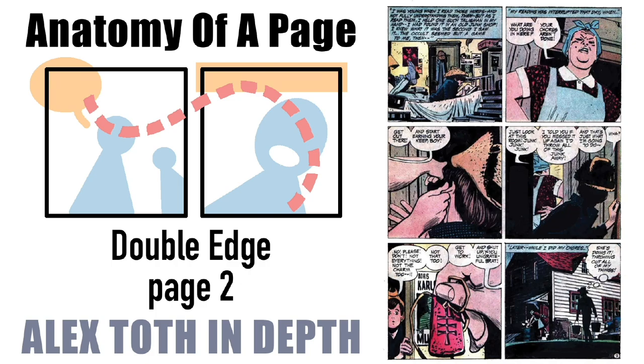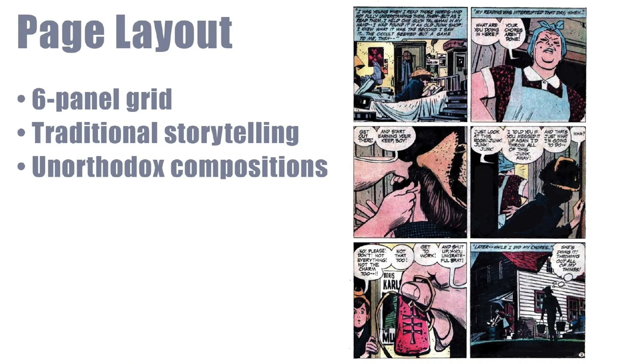But I wanted to go a little deeper and dive into this page because it's one of my favorites in all that Toth ever did, and also contains my favorite Toth panel ever, probably. So let's dig in. First, page layout. This is a traditional 6-panel grid, so reading panel to panel, there's no way we're going to get lost.